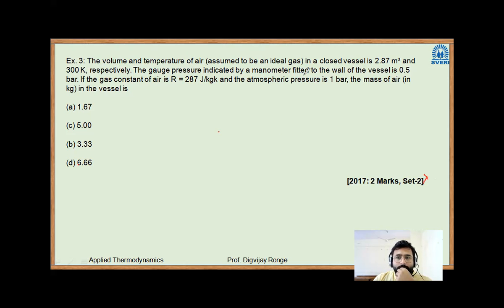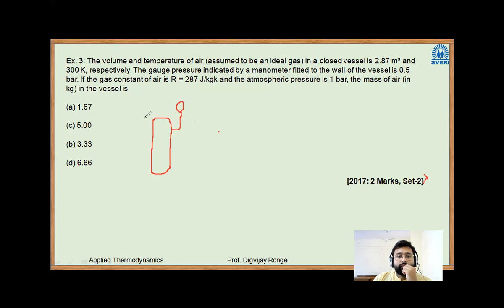So what they are saying here, there is a vessel, right? Or a cylinder. We can take a cylinder also. So there is a cylinder to which a manometer is fixed. I hope you know what a manometer is. Manometer is used to measure the temperature or pressure.